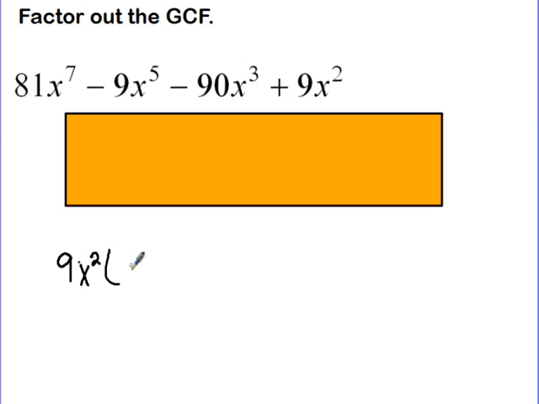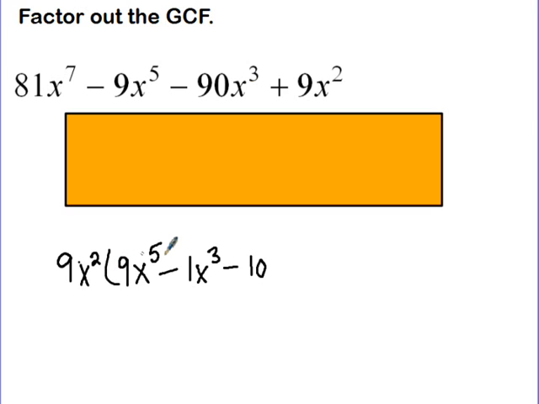81 divided by 9 would be 9. If I started with 7 x's, I took out 2, I'd be left with 5. Minus, 9 divided by 9, it would be 1. If I started with 5 x's, took out 2, I'd be left with 3. Minus 90 divided by 9 would be 10.